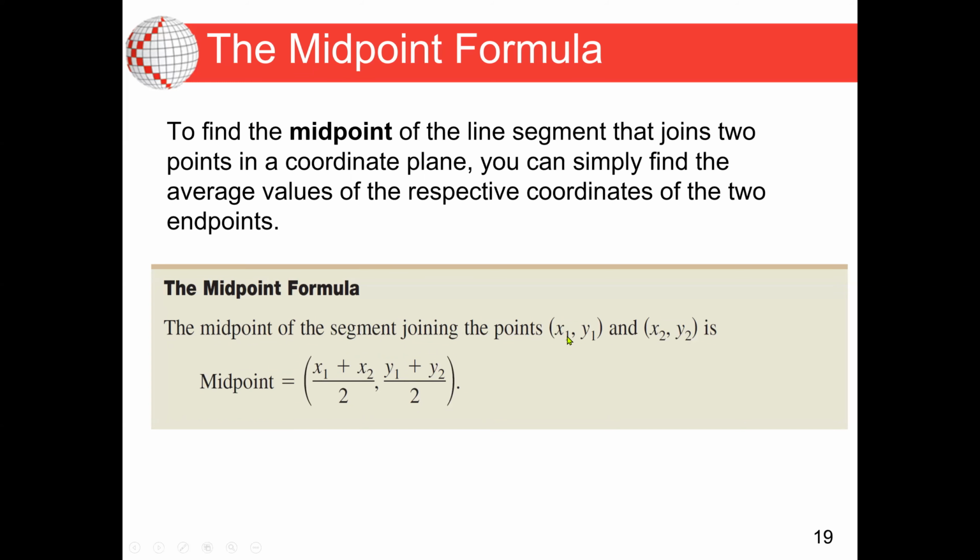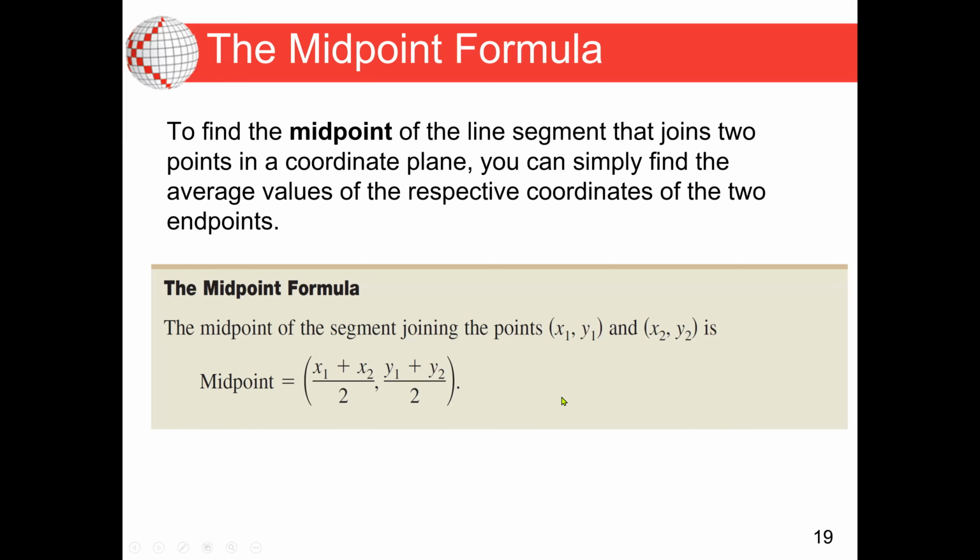So we have to do the same thing to y, y1 plus y2 divided by 2, or y2 plus y1. Addition. We are looking for the average, not distance. So it will be x1 plus x2 divided by 2. That will be my x point. Then y1 plus y2 divided by 2.